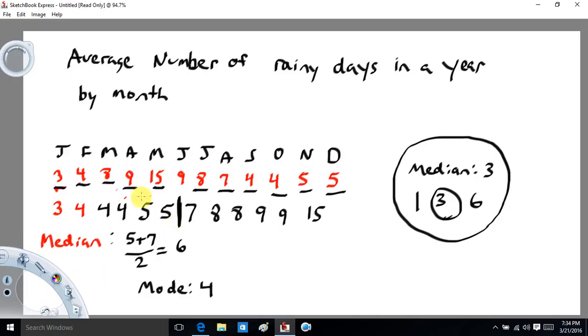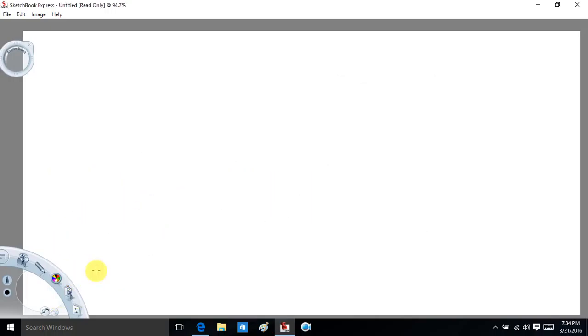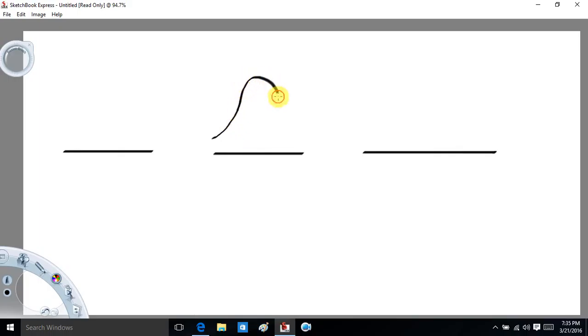Let's talk about different distributions and their means and medians. So as we said, this distribution, okay, is going to be symmetric.